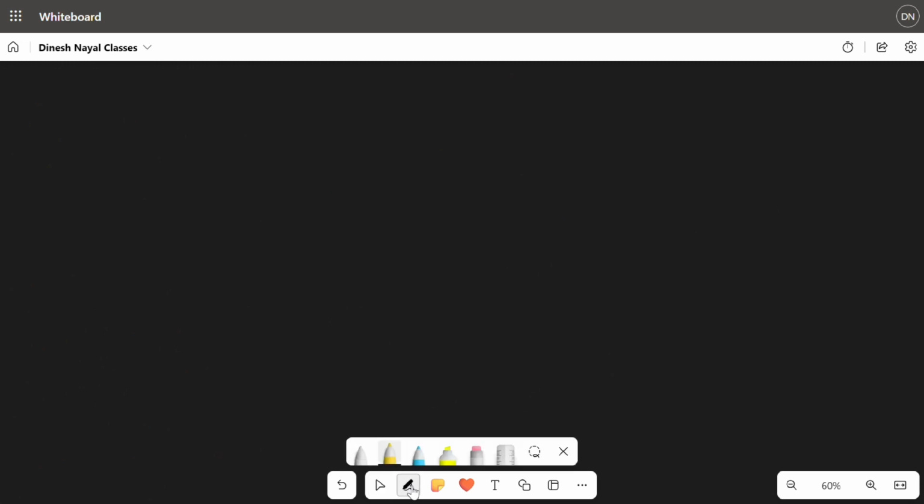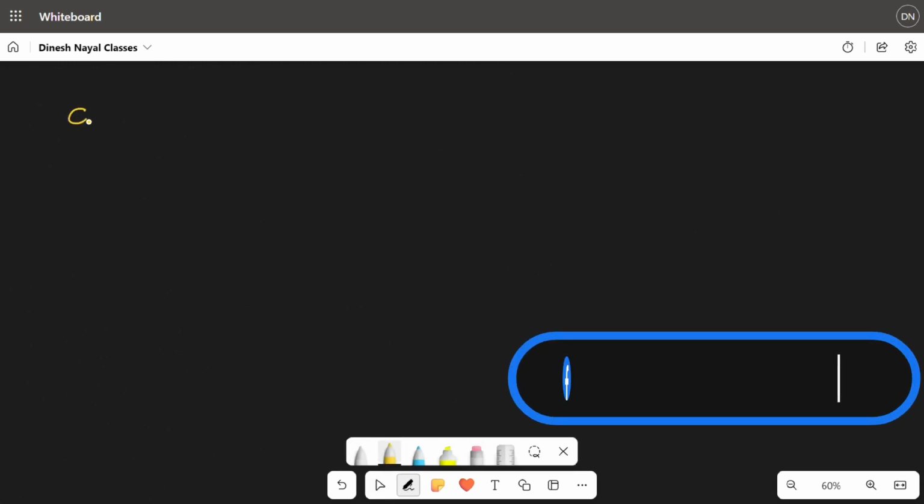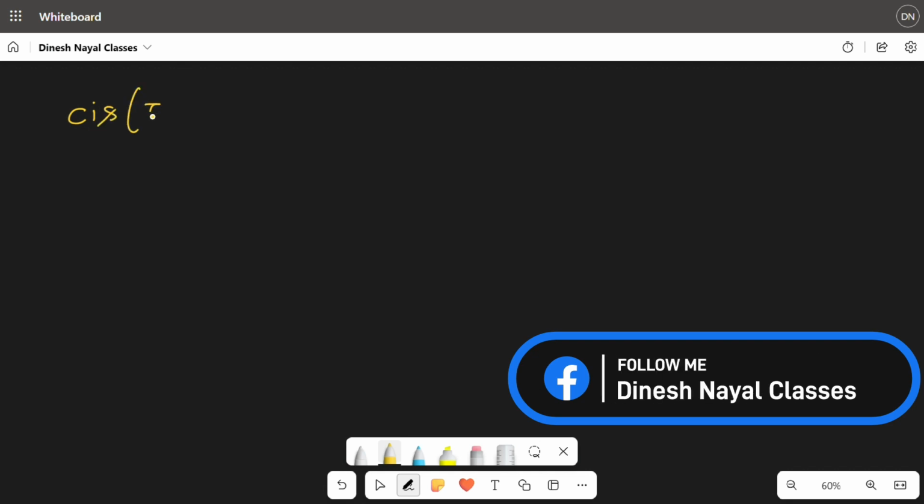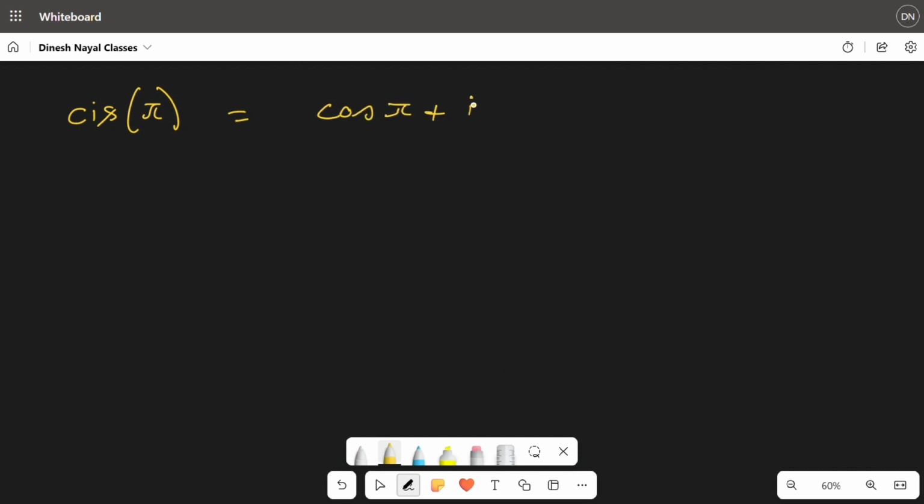Now we should know what cis pi is. As we have learned just now, cis pi you can write as cos pi plus i sin pi. We know that cos pi is -1 and sin pi is 0. So cis pi actually equals -1.